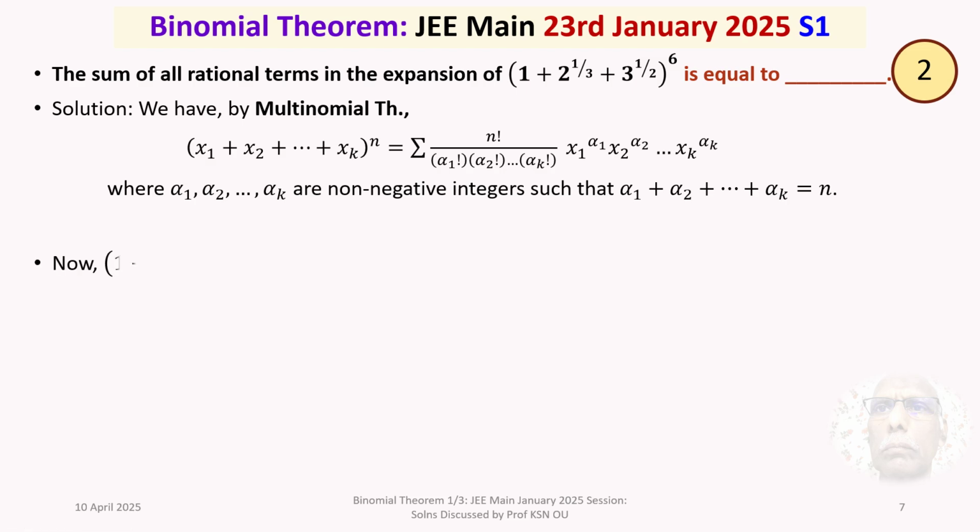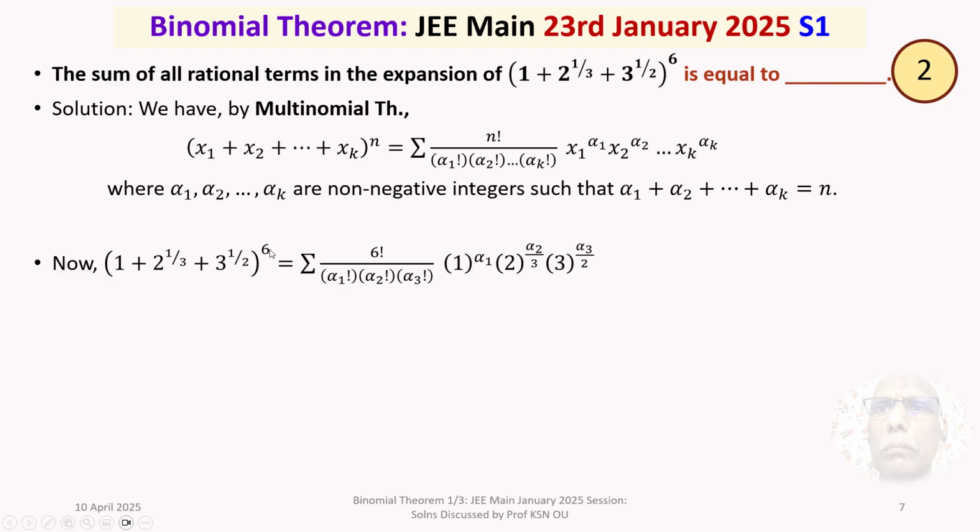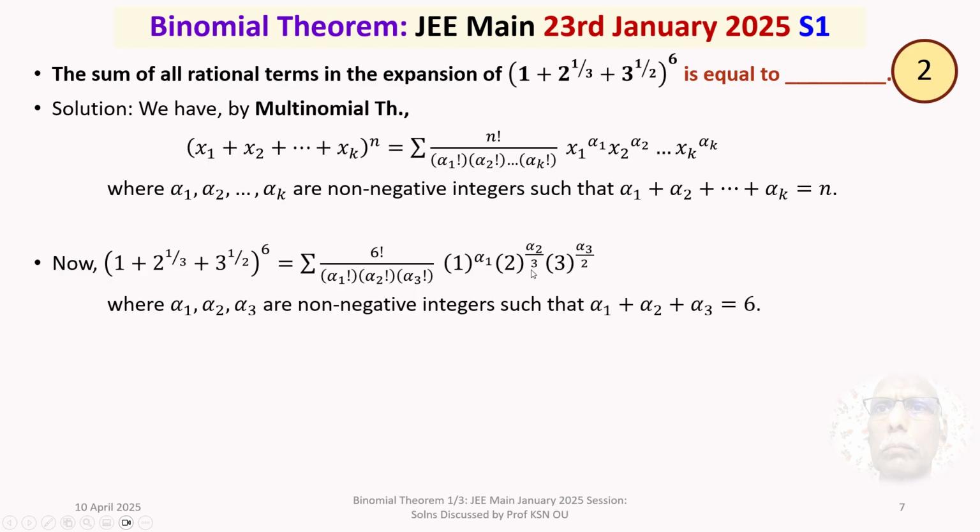Right. So now (1 plus 2 to the power of 1/3 plus 3 to the power of 1 by 2) to the power of 6 is equal to the sum of 6 factorial by alpha 1 factorial into alpha 2 factorial into alpha 3 factorial, multiplied by 1 to the power of alpha 1, 2 to the power of alpha 2 by 3, 3 to the power of alpha 3 by 2, where alpha 1, alpha 2, alpha 3 are non-negative integers such that alpha 1 plus alpha 2 plus alpha 3 is equal to 6.